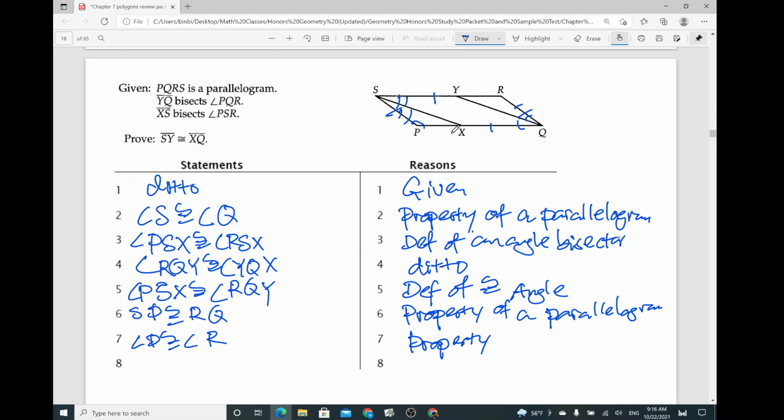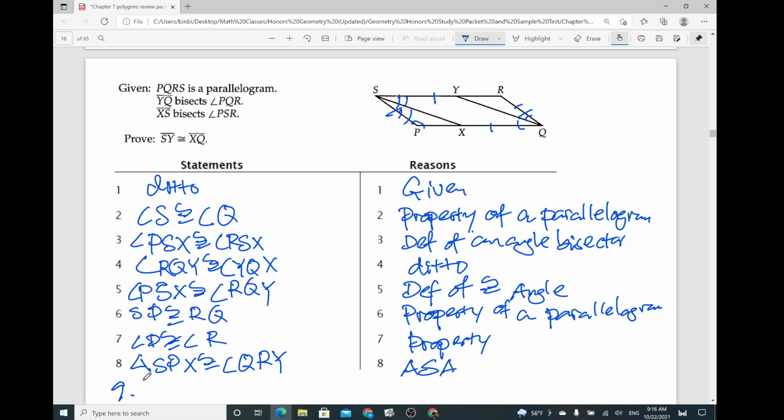Therefore the triangles can be proved congruent by the angle-side-angle postulate. So triangle SPX is congruent to triangle QRY, by using angle-side-angle.